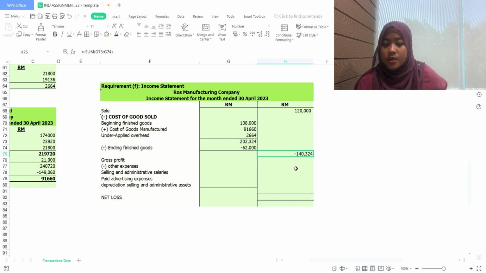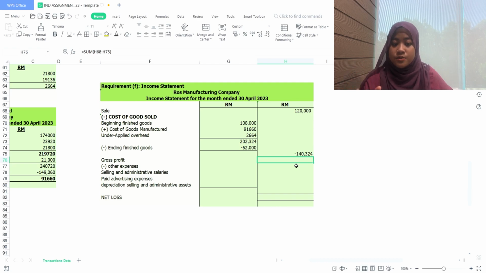140,324 ringgit. So to find the gross profit, we have to minus sales minus cost of goods sold. We get 20,324 ringgit, which is a loss.